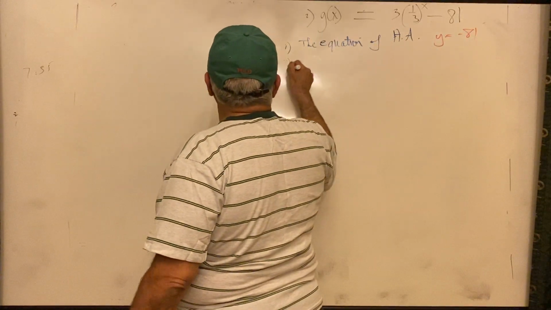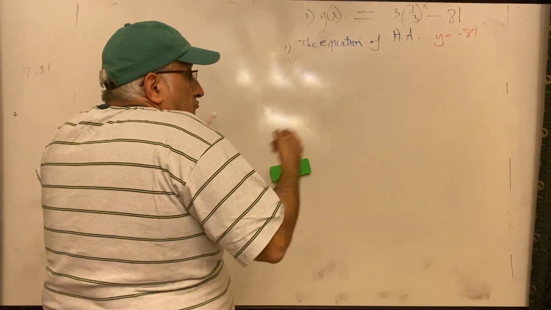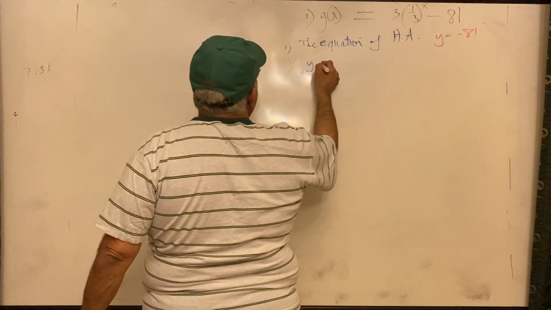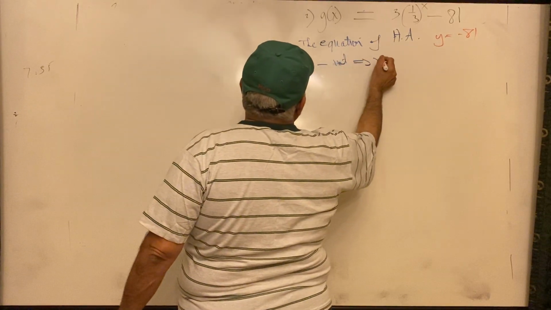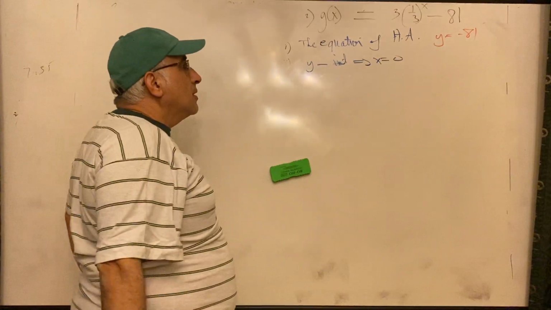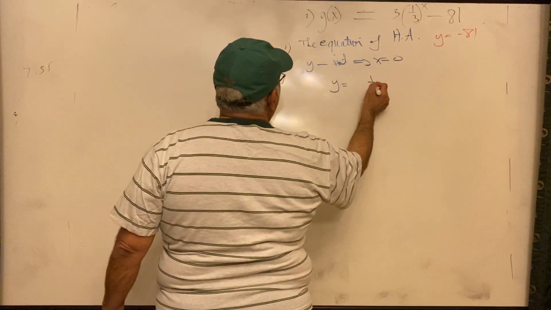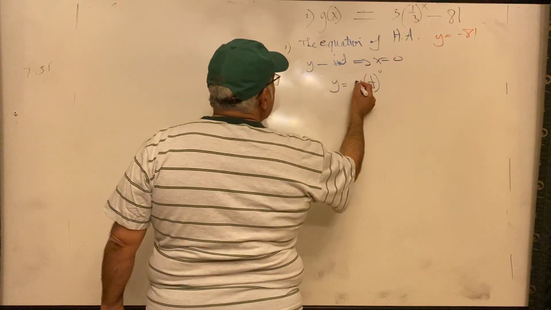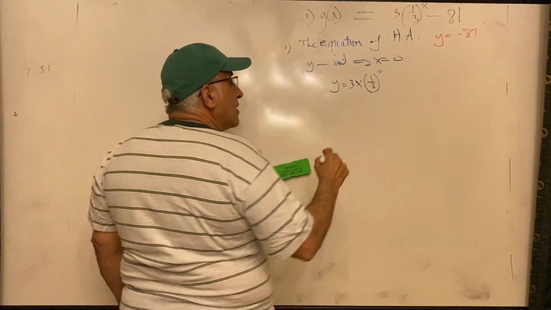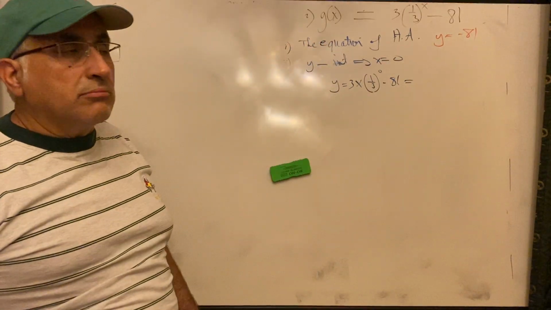Number 2. How may I find the y-intercept? If I'm looking for the y-intercept, then I have to take x equals 0. Remember that one? Let's plug it in. Y equals 3 times 1/3 to the power of 0. It's 1 times 3 is 3, minus 81. So what is 3 minus 81?